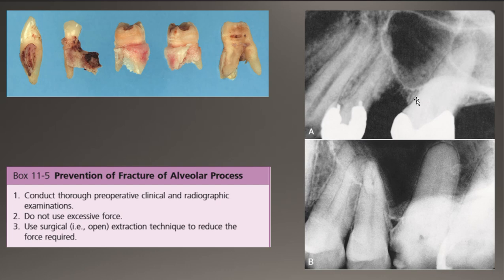Now the 6 here is extracted and we can see it's very close. Any wrong move can cause communication. Here, for example, the white line, we go with it and then suddenly it gets cut here and it gets cut here. So these two are inside the sinus.